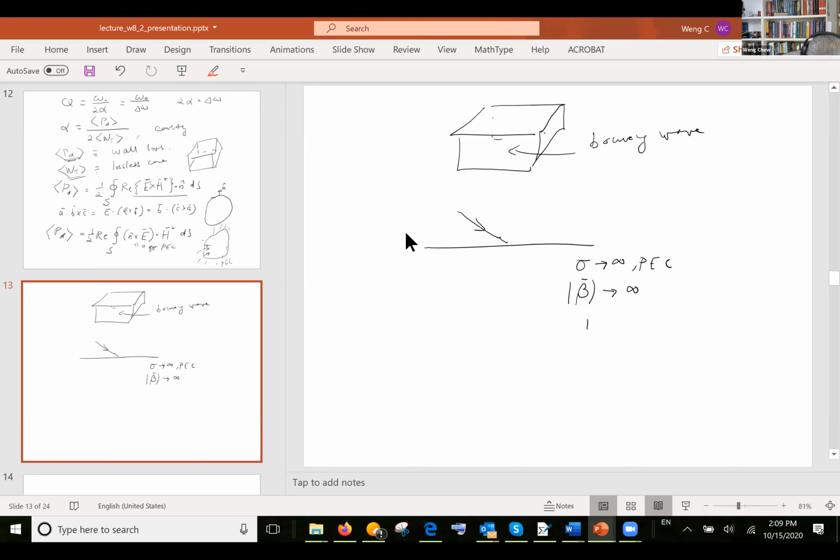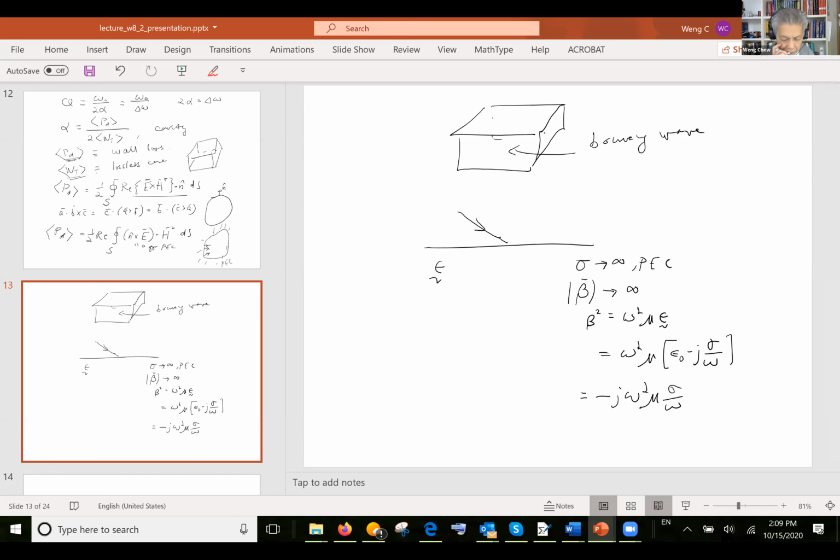Because beta square is omega square mu epsilon, but we have a complex permittivity here, which is the real part plus or minus j sigma over omega. Sigma becomes very large, and beta square just becomes extremely large.